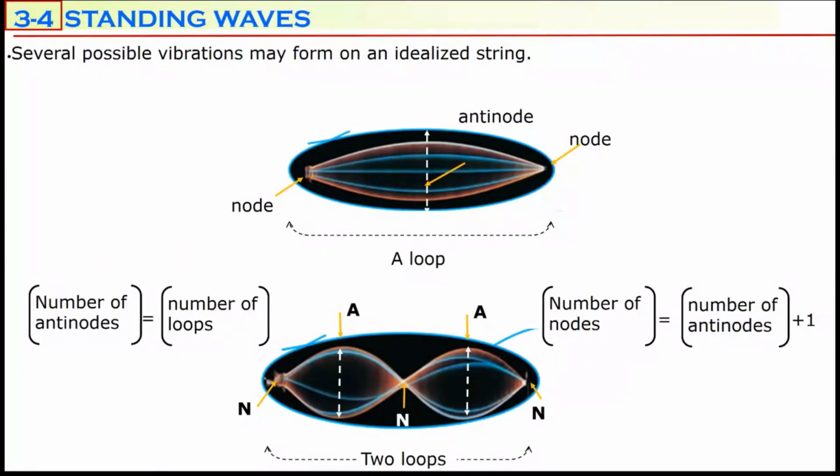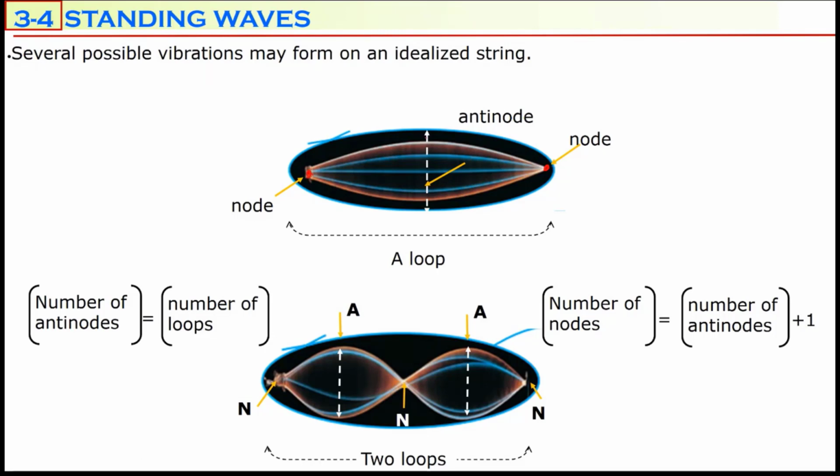Remember, you can vibrate a string at specific wavelengths, so at different modes. The first one is this one. It was the first order standing wave. It was only one loop. Because the ends are fixed, this is fixed, that is fixed. So fixed ends are not vibrating, and they were called nodes.